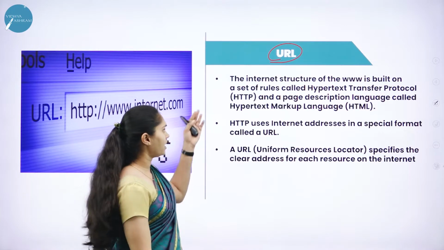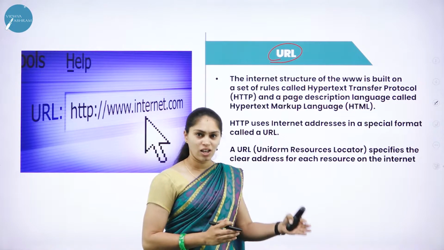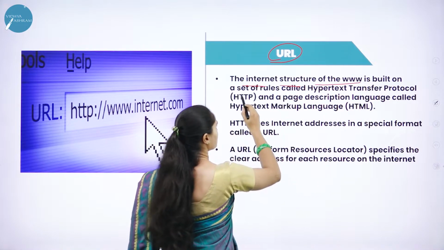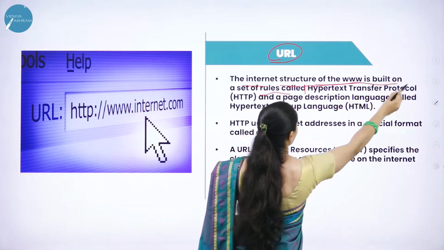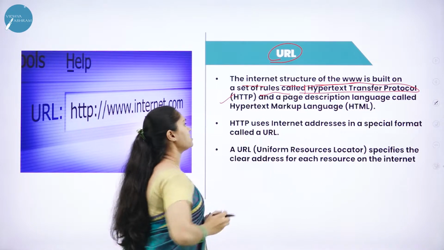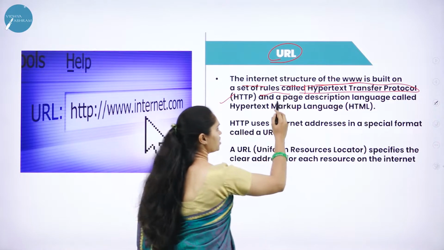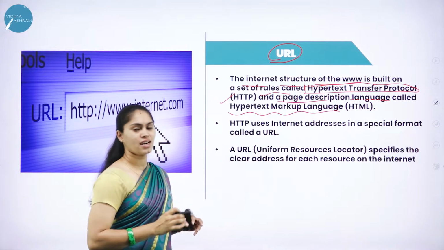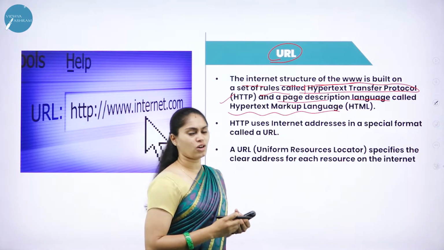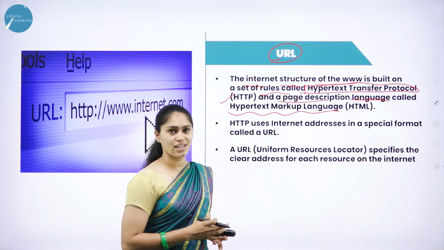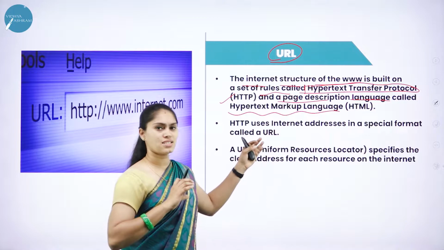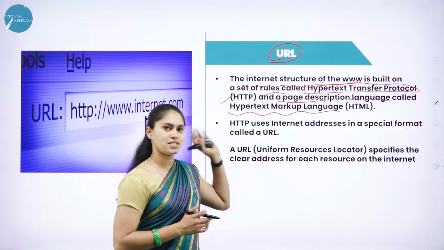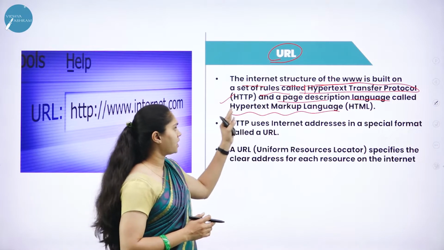So URL is nothing but uniform resource locator. Mainly the structure of the www is built on a set of rules called hypertext transfer protocol, in short HTTP, and a page description language called hypertext markup language. So if I consider the web or the internet that has been developed, its structure is based on a set of protocols, standards or rules called hypertext transfer protocol.